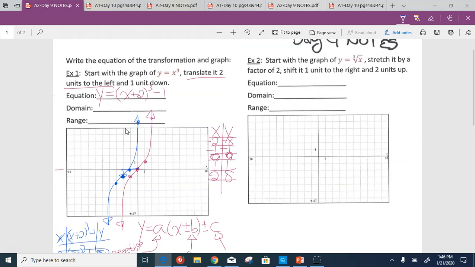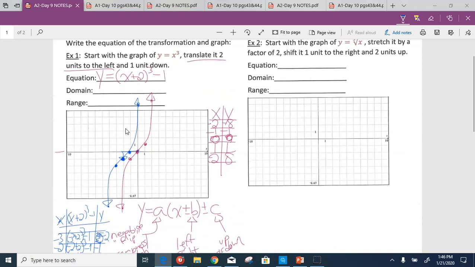This is the cube root. The cube root function also behaves like an S, but the S goes from left to right, increasing. So we have this point, and this point. And then at negative 8, we go down 2, 10, 9, 8. And then at positive 8, we go up 2.